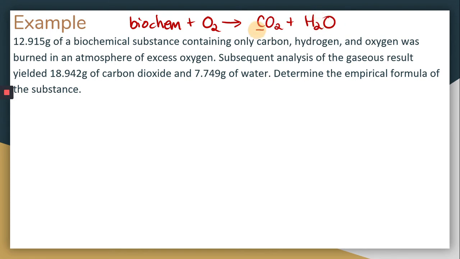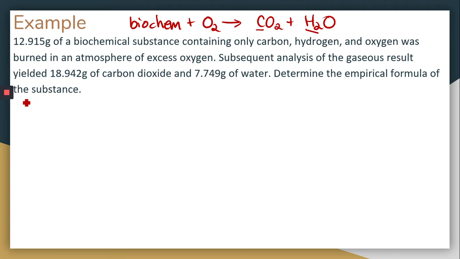So all of the carbon in carbon dioxide is coming from that biochemical. All of the hydrogen in the water is coming from that biochemical. Now we cannot say the same thing for the oxygen because we're adding more oxygen on the reactant side. So we're going to have to find oxygen a little bit differently.